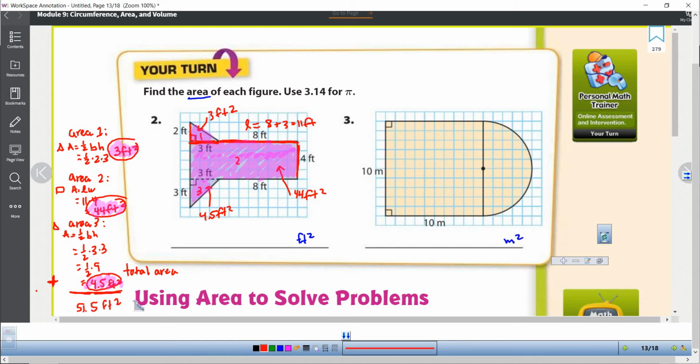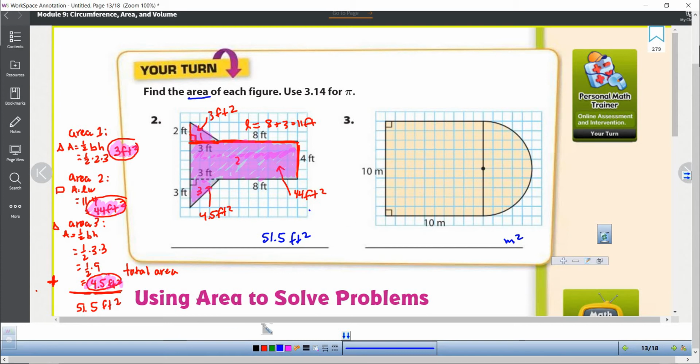Just making all kinds of mistakes today. All right, 51.5, right? Or we could have added these together and gotten 48.5 plus 3 and gotten 51.5. So the area of that composite figure is 51.5 square feet. All right. So 2 triangles added to a rectangle.